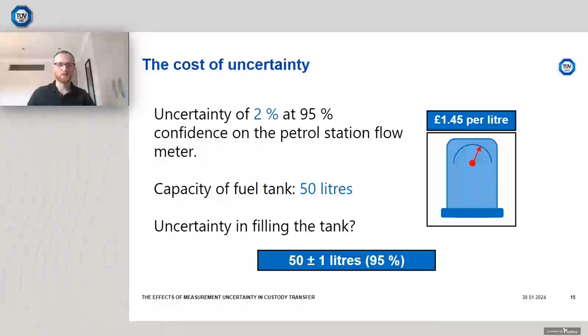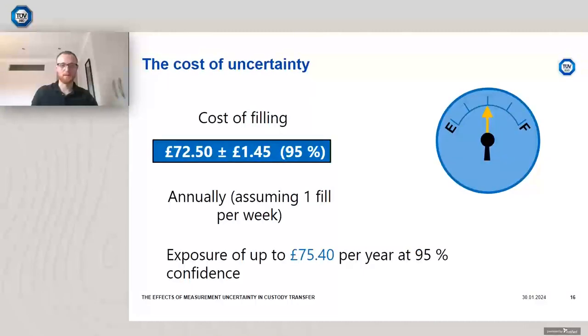A more relatable example is looking at petrol stations and the flow meters used there. If you have a capacity of 50 litres for a fuel tank and the uncertainty is 2%, that gives an uncertainty in filling the tank of 1 litre plus or minus, at a 95% confidence level, I should say. And if you assume £1.45 per litre, in terms of filling a tank, that will be £72.50 plus or minus £1.45 at a 95% confidence level.